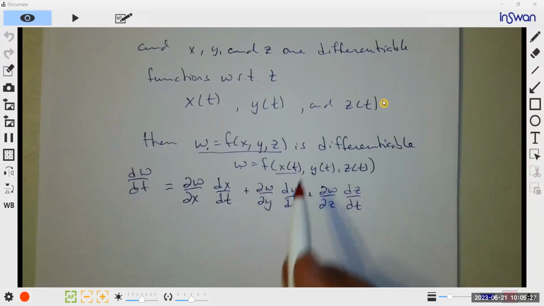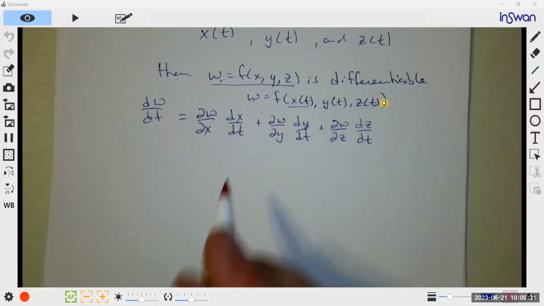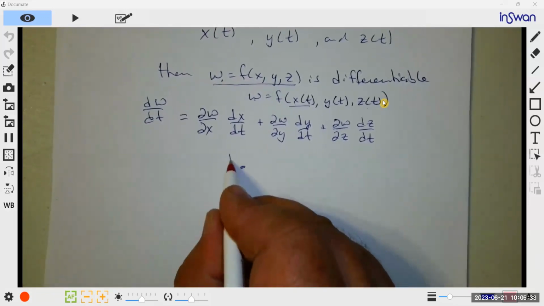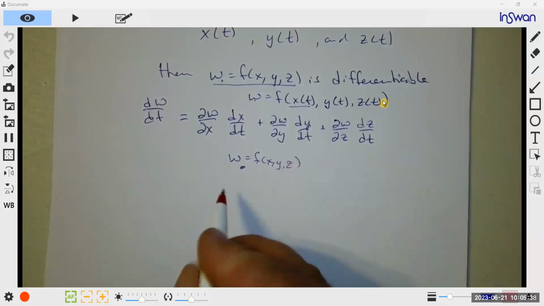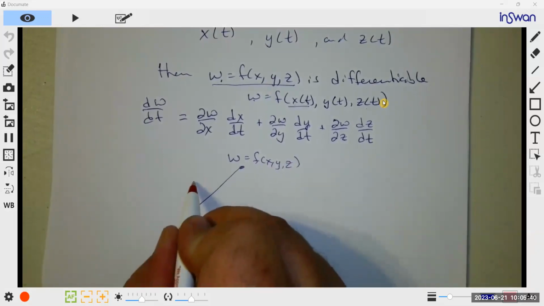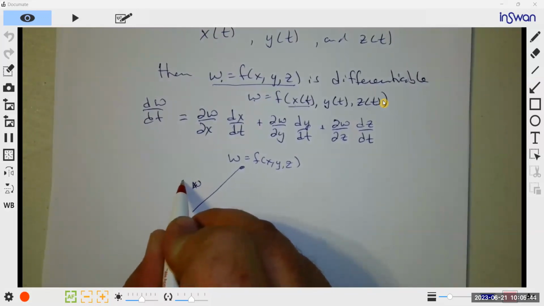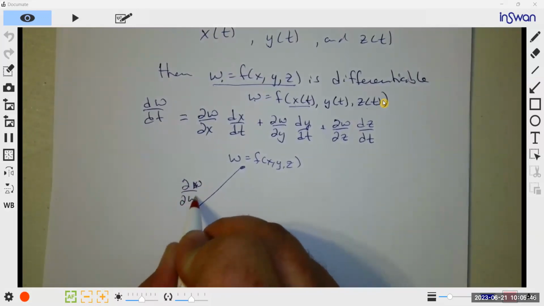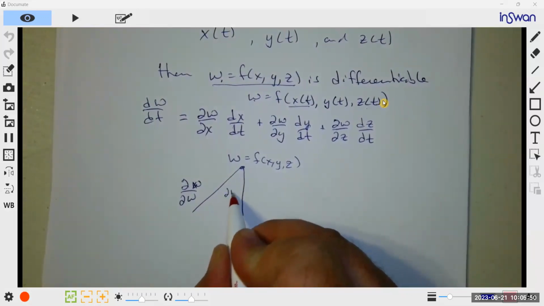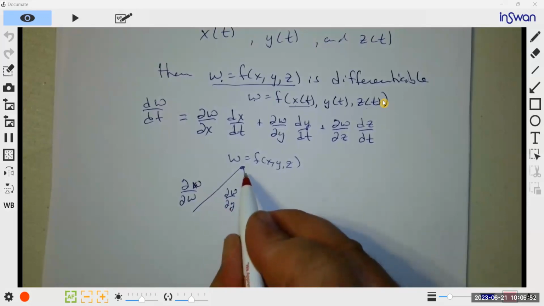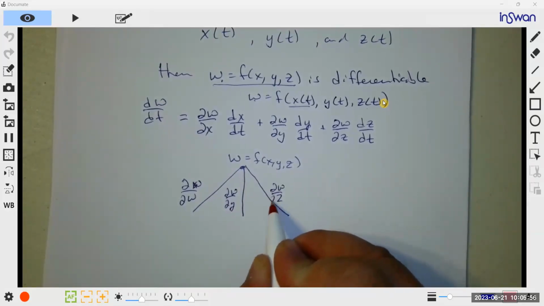Again, since we have three variables, the diagram's going to look just like that. So we start off with our function. This is w with respect to x, w with respect to y, and w with respect to z.